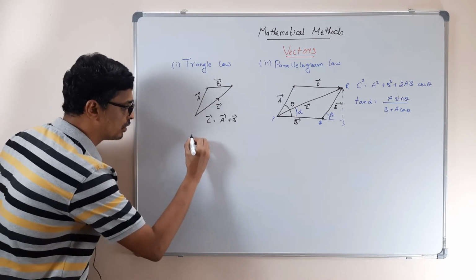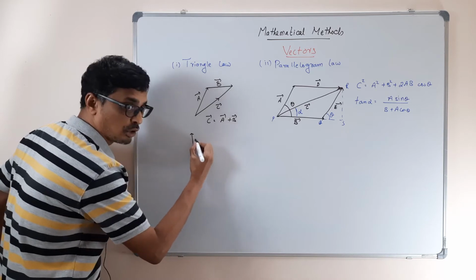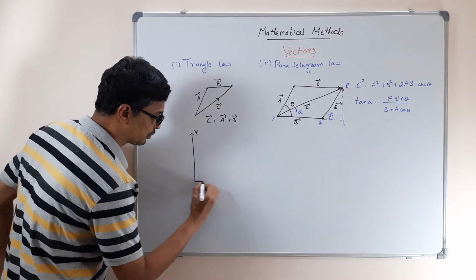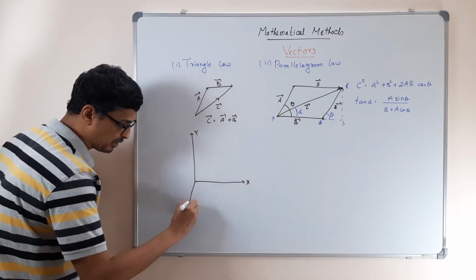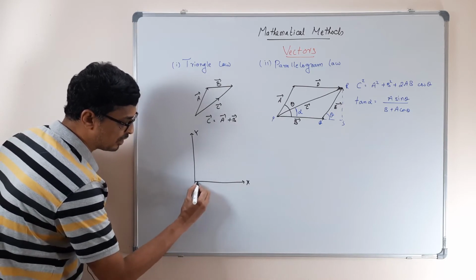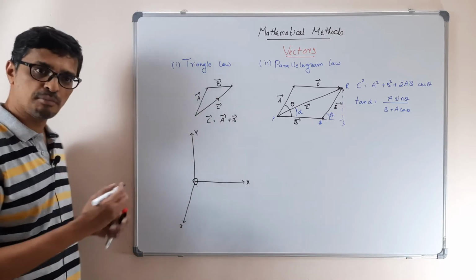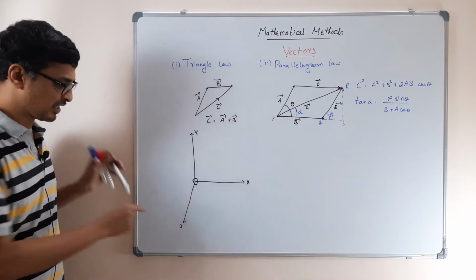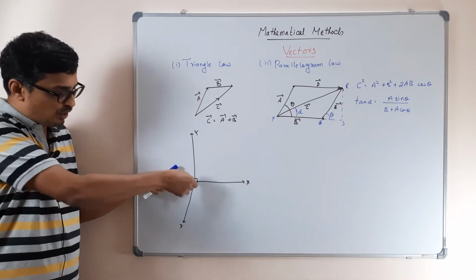This is your y-axis, and this will be your x-axis, and perpendicular to here this is the z-axis. These are all perpendicular to each other. Is this clear? So this is 3 dimensions. The z-axis is actually coming out like this, and I am drawing it like this.